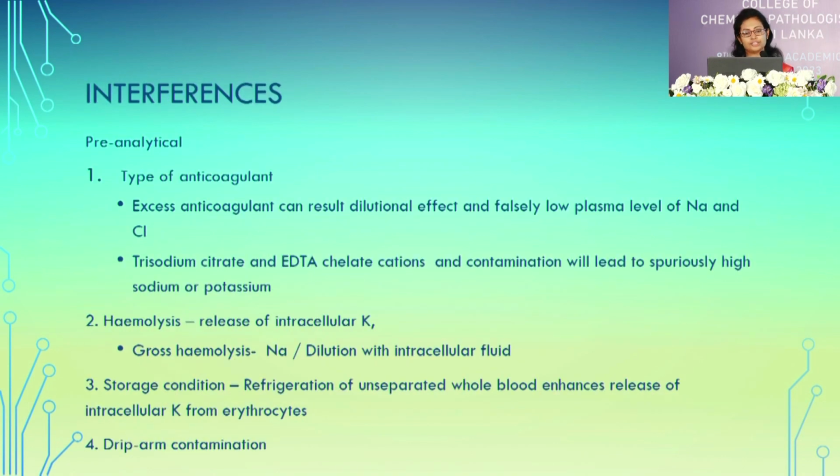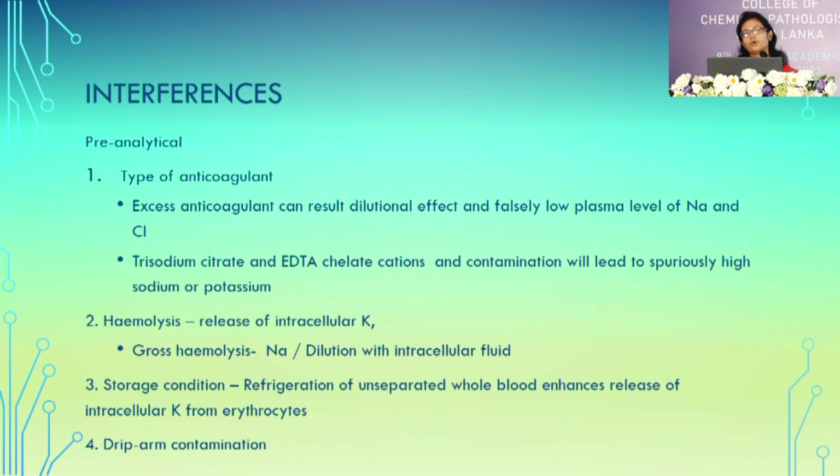Moving on to interferences, the pre-analytical errors can also occur. So the type of anticoagulant is also important. When there is an excess anticoagulant, it can result in dilutional effect causing low sodium and chloride. So this can occur when you use blood gas analyzers.